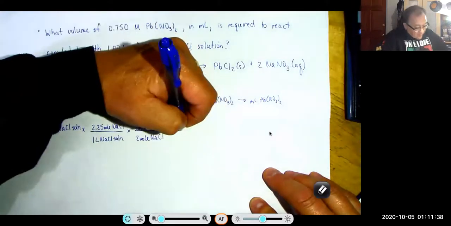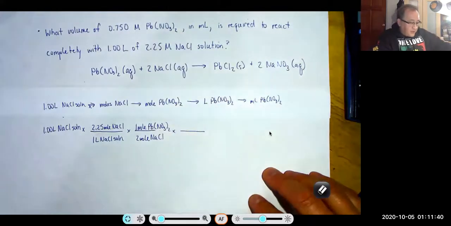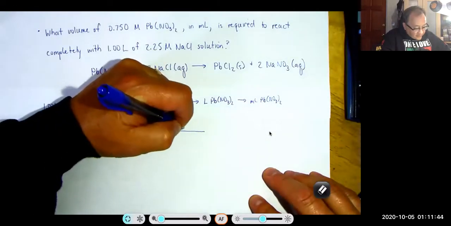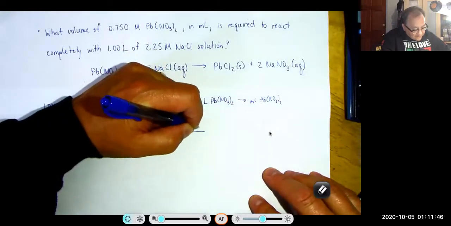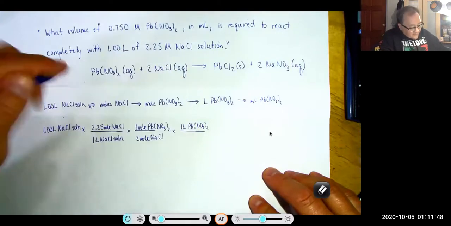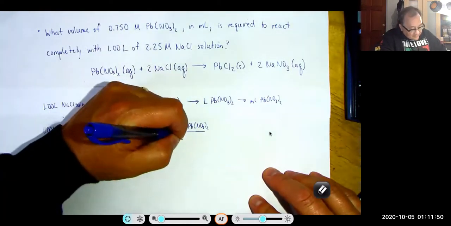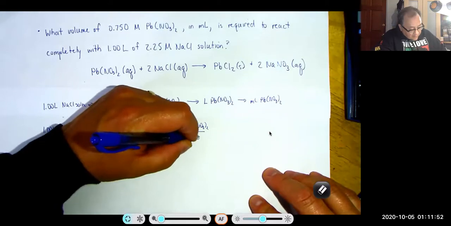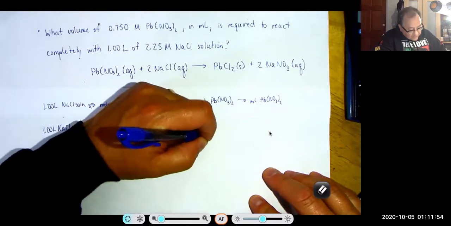And then I want to go to liters of lead 2 nitrate. So I'm going to use this concentration, and I'm going to have 1 liter of lead 2 nitrate over 0.750 mole of lead 2 nitrate.